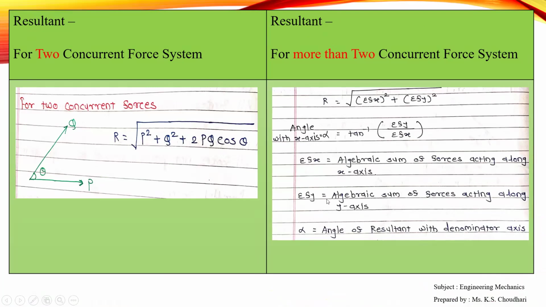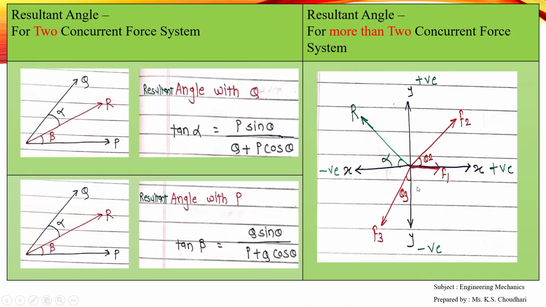Then summation of Fy, algebraic sum of forces acting along the y-axis. Okay. Then alpha. Alpha is the angle of the resultant with the x-axis. With the help of the formula, we find the resultant. Okay, we got the resultant magnitude and direction.